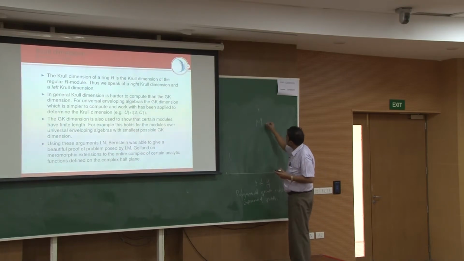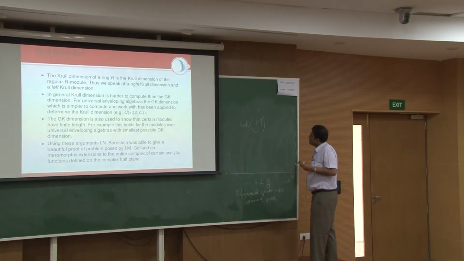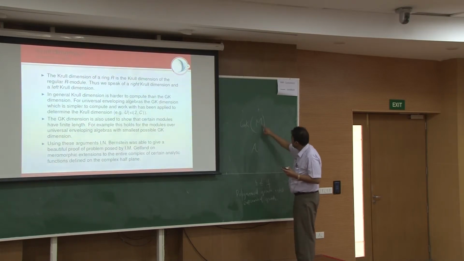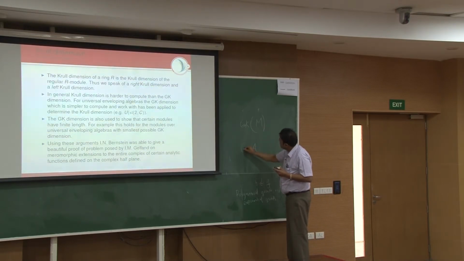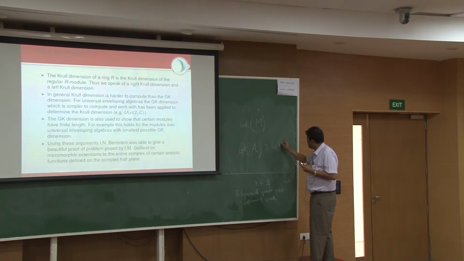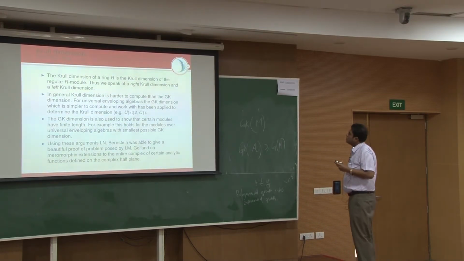So for a module M, I denote by GK M its GK dimension, and if I have an algebra A such that M is a module over A, then I know that GK A bounds the GK dimension of M.